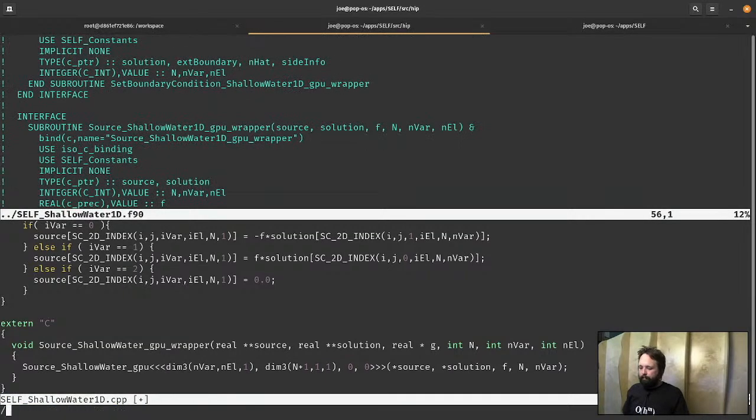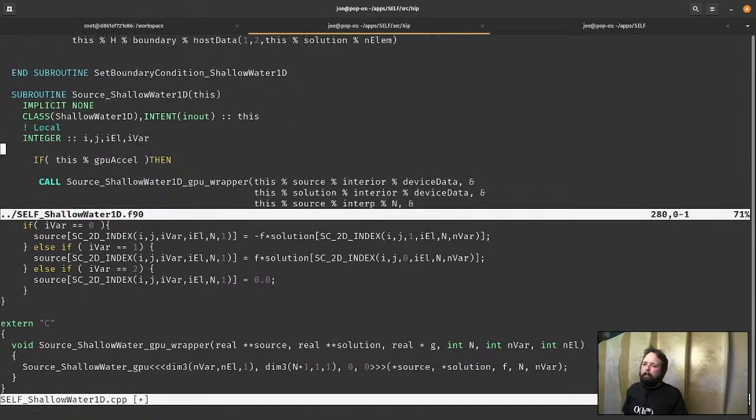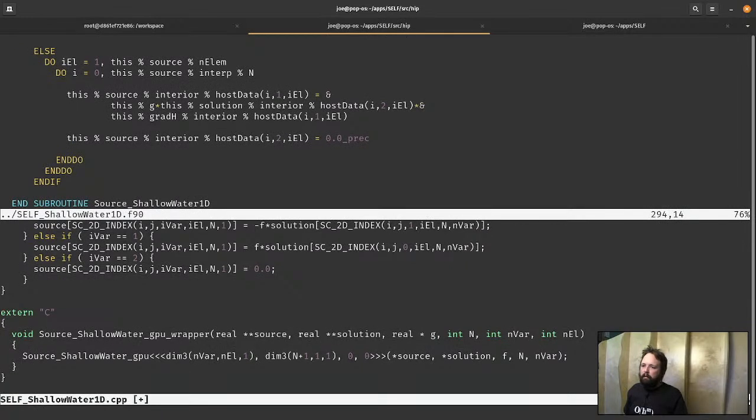Okay. So what I need in the C++ code is gravity, the gravitational coefficient. That's just a scalar. What I also need is a pointer to the topographic gradient, so that's grad h. And I've got the solution and I've got source. So that should be okay.